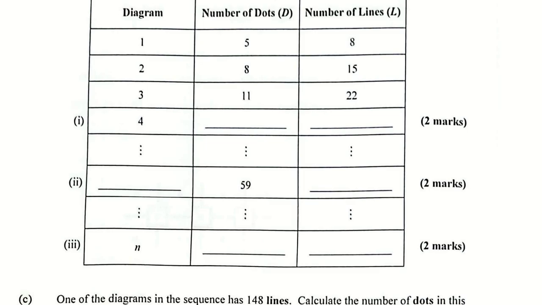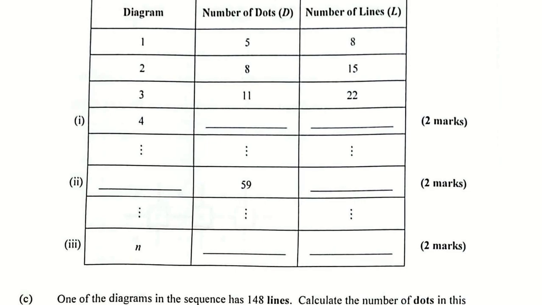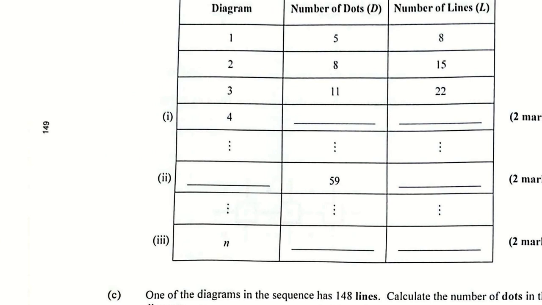When they say number of dots, we are looking at the pattern for the number of dots. If we go from 5 to 8 to 11, so the pattern so far, let's just write this at the side and pull this here so I can have space.